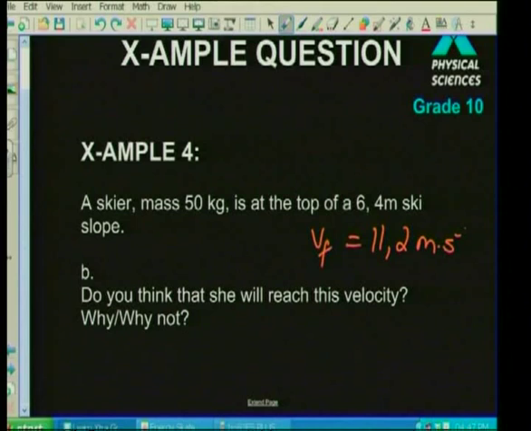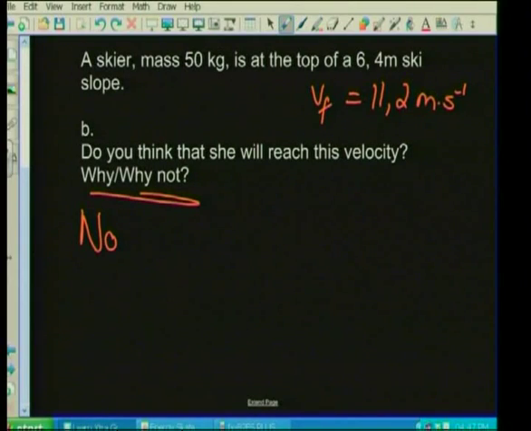Okay, that's what we've worked it out to be. I'm hoping you're screaming at the TV at this point, going, no, no, she won't. And you would be correct. Of course she won't. But why? It's an unusual way to ask the question. The question would be explain why she will not. So the answer to the question is no.